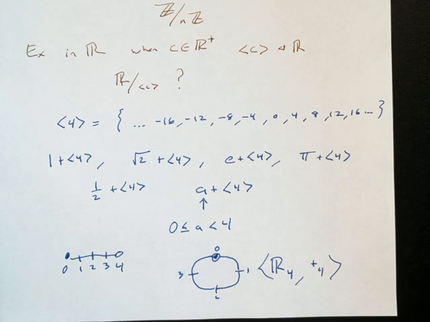What's another group we know that uses a circle? Well, U4 just was distinct, right? It'd be the whole unit circle, wouldn't it? So this is actually isomorphic to the complex unit circle under multiplication in complex numbers.